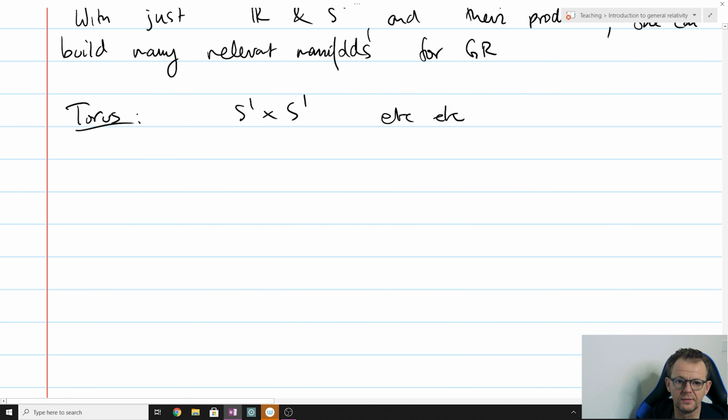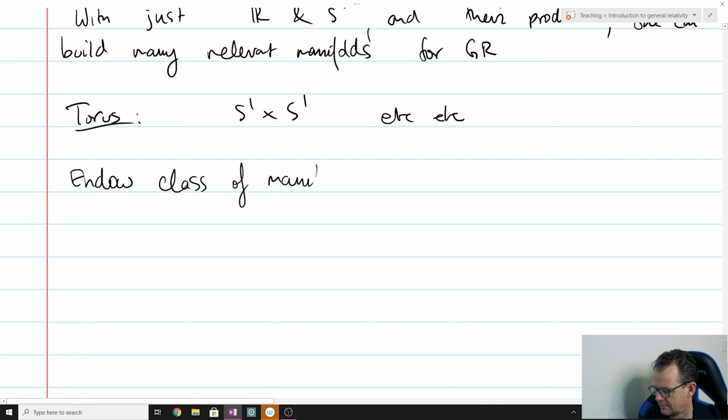Now, so far I've just defined to you what a real smooth manifold of dimension n is. Now we want to endow the class of all manifolds with a category structure. We want to be able to talk about different manifolds, when two are the same, when two are different. So our next goal is to endow the class of manifolds with a so-called category structure.